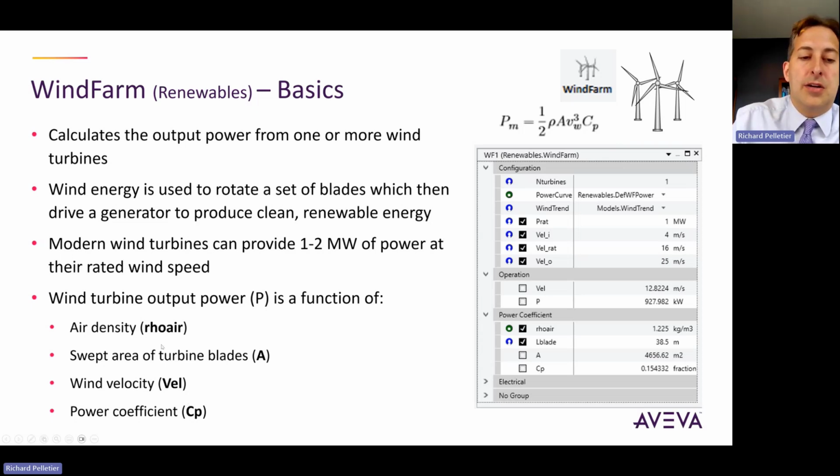A lot of these other things are information you get straight from the physical information about the wind turbine, right? The blade has only so much area, so it's not like that's going to change. The density of the air is going to be a certain value, so it's not like that's going to change much, but velocity can change throughout the course of the day and even throughout the course of a year, at different points in the year, right?